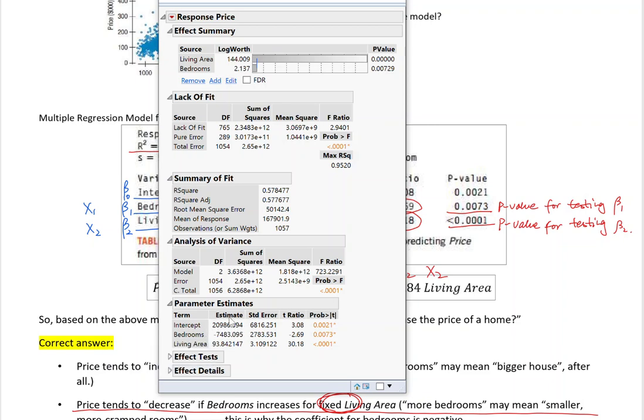What is this? This is B0, right? So this is the estimate for beta 1, which is B1. This is B2, right? Okay, and then we will have one more column, their standard error.